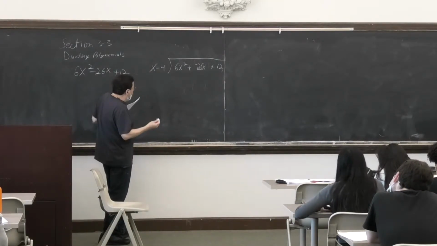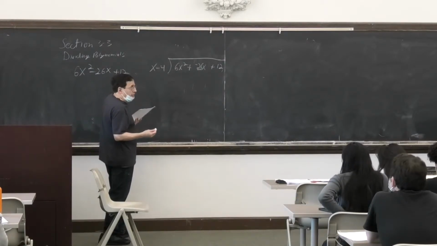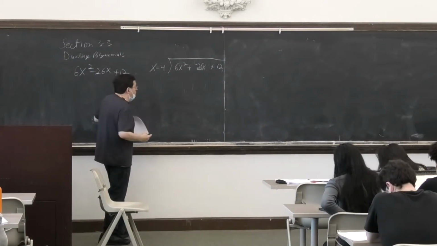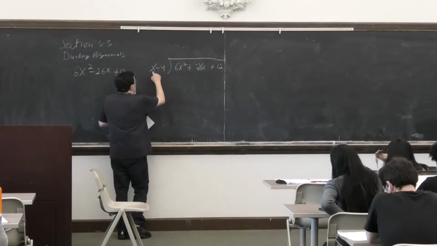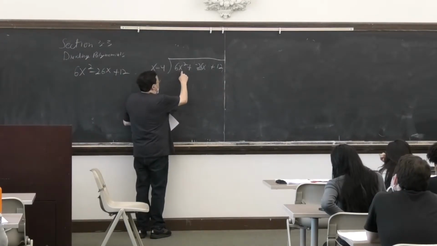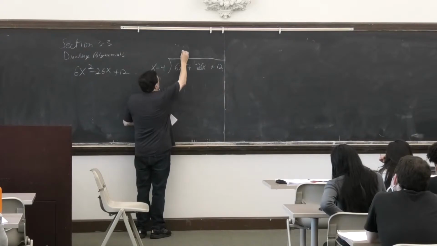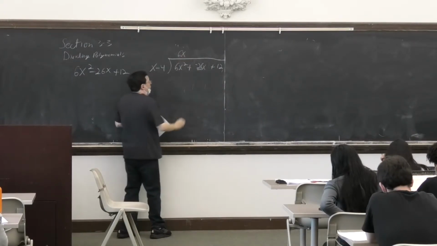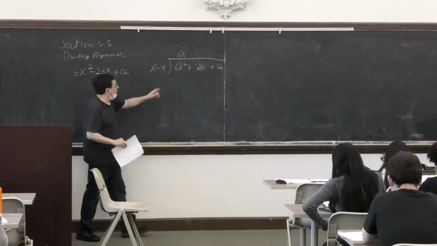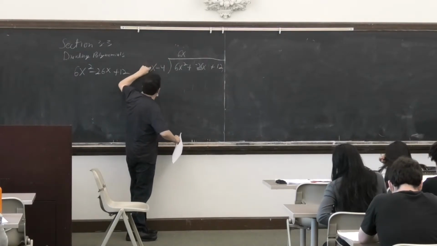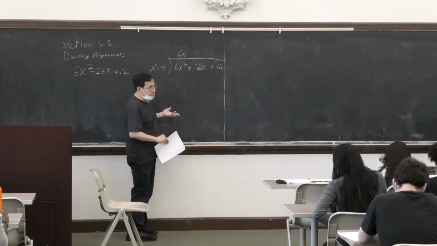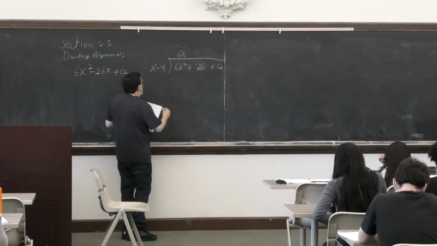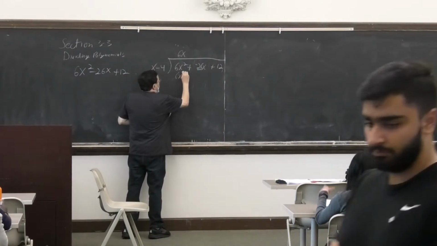Okay, let's do the same process, only with a little more knowledge of algebra. I'm going to divide x into 6x squared. That's going to go in 6x times. Or if you like, just think, well, 6x times x is 6x squared. That's what you need to do. 6x squared.